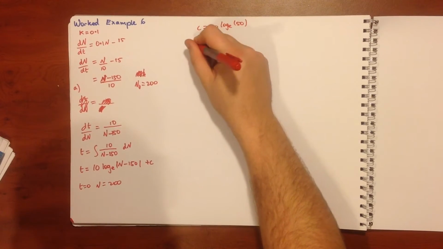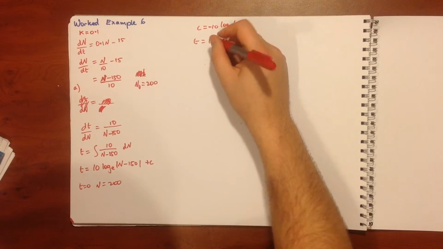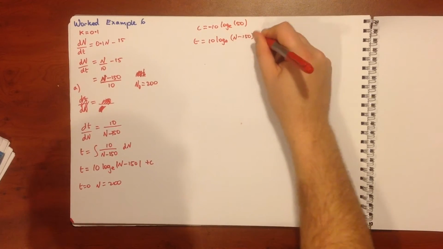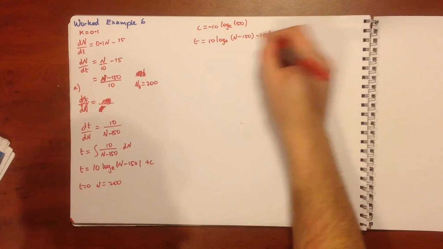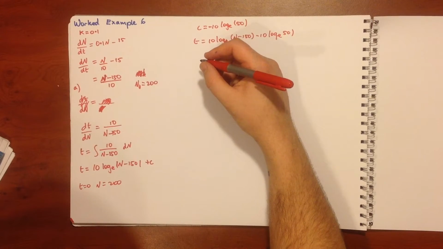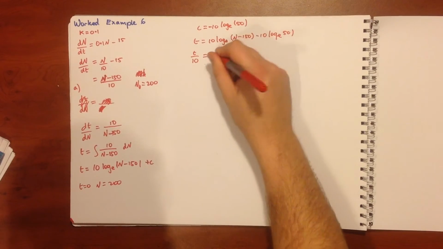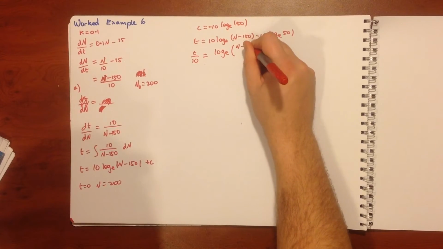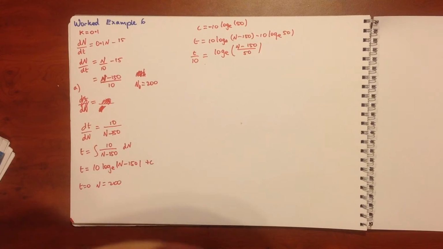So that means our equation is t equals 10 log to the base e of n minus 150 minus 10 log to the base e of 50, which we can simplify to t on 10 equals log to the base e of n minus 150 on 50. Okay, so we're getting there.